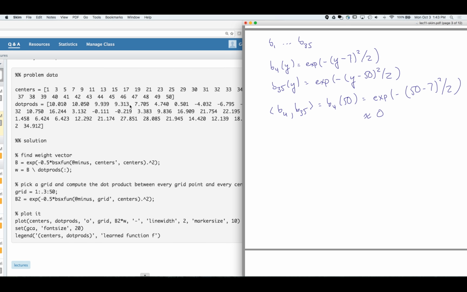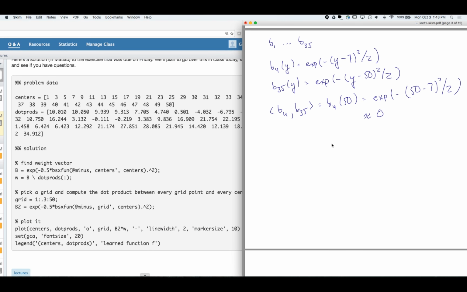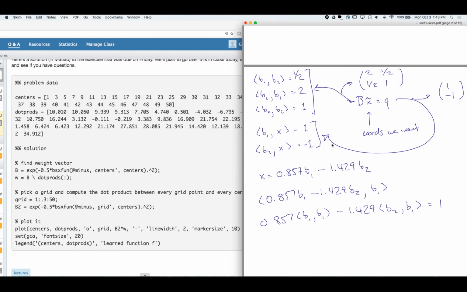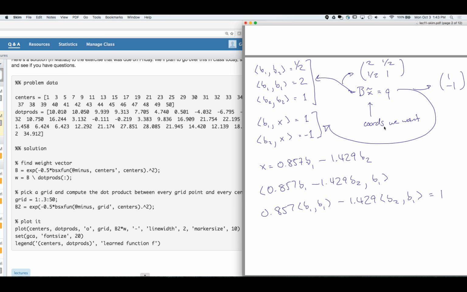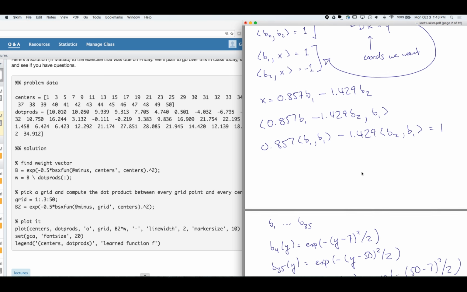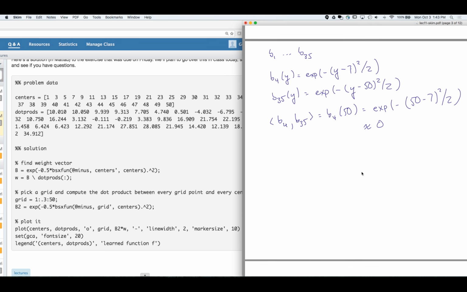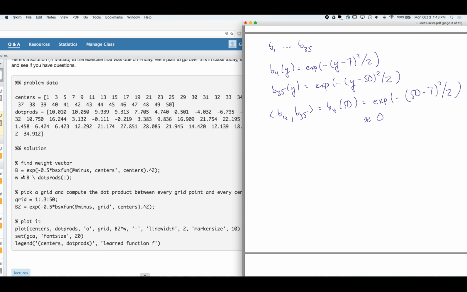If we scroll back up to our previous example here, Q is just supposed to be the dot product of our target vector with every one of our basis functions. That is exactly this vector right here, the dot prods vector. And so what we want to do is solve the linear equation with matrix B and right-hand side dot prods.